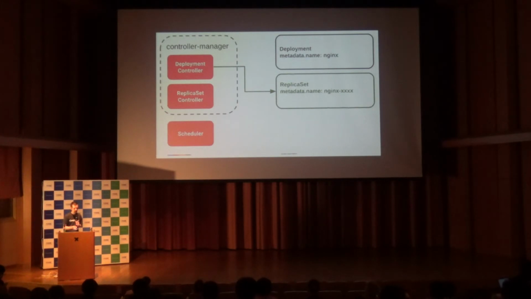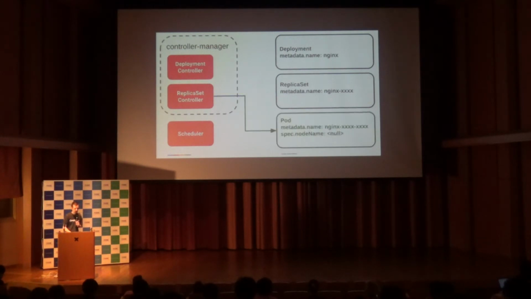After this replica set gets created, our replica set controller looks at it and says, okay, based on the number of replicas that I want in my replica set, I will create a number of pods here. And these pod objects are also just objects in the API. They get created initially with a particular name, but they're not yet scheduled to run on any particular node in the cluster.